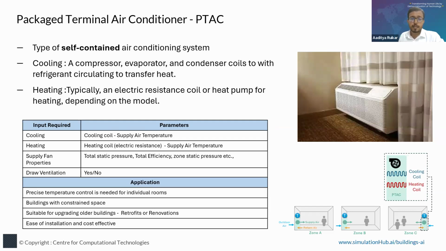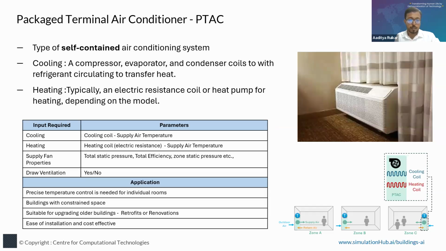In this packaged terminal air conditioner, the compressor, evaporator, condenser, all components are in only one package. And typically, based on the model, it also has a heating mode which uses an electric resistance coil for the heating.